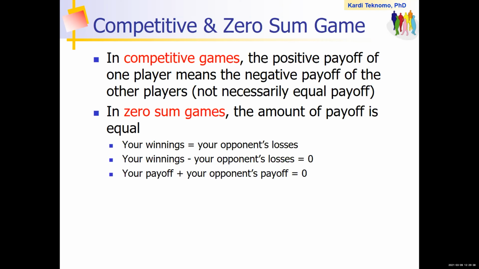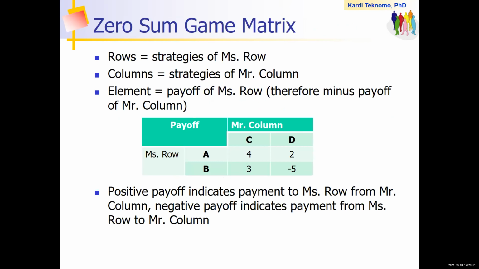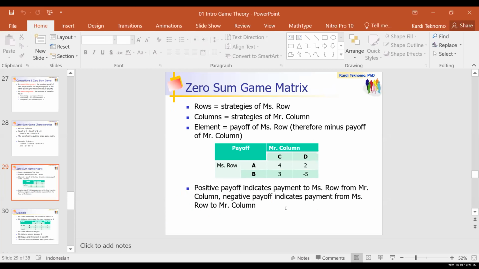Your winning is my loss. Okay. My winning is your loss. That is a zero-sum game. Okay. So until here, I think the time is up. Is there any question? Please read this slide. Okay. And the next two slides as well.